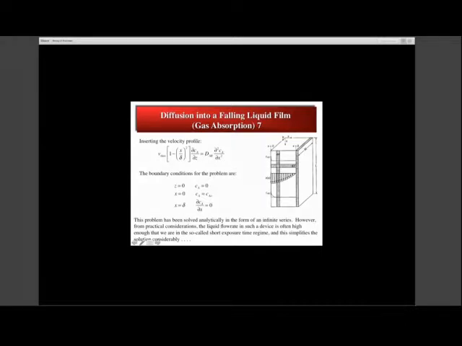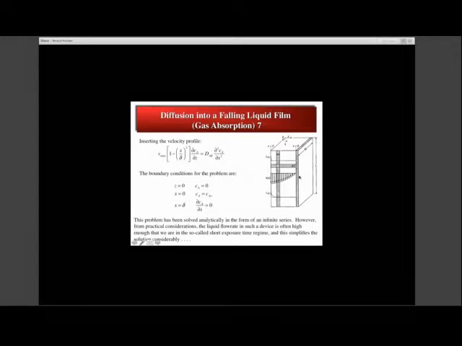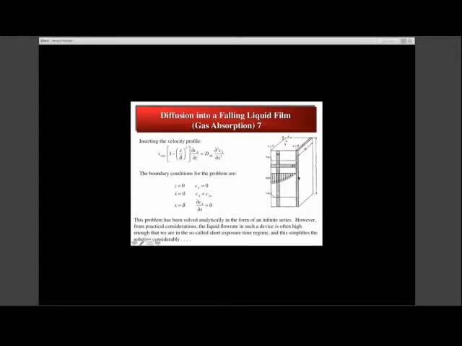At X equal 0, the concentration of A is equal to its equilibrium partitioning value with the gas that is in the gas phase, so Ca0. And at X equal to delta, the change in the concentration of A with respect to X is equal to 0. In other words, there's no flux of A out the back side of this, into the wall of this column. So the flux of A at X equal to delta, at the wall surface, is equal to 0. That's what this boundary condition says.